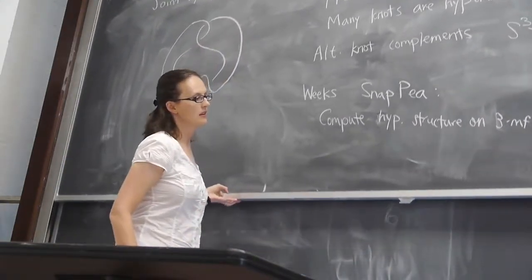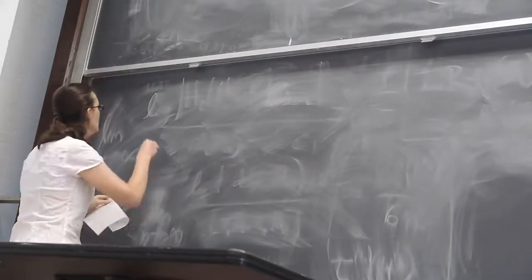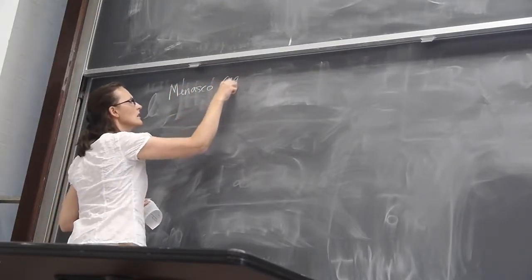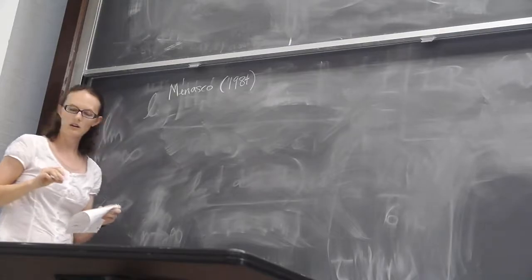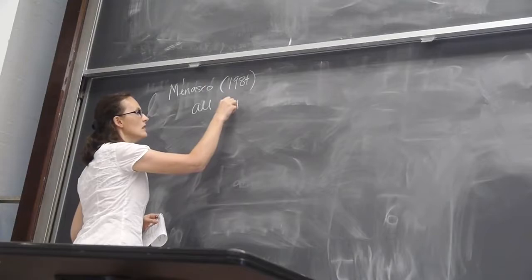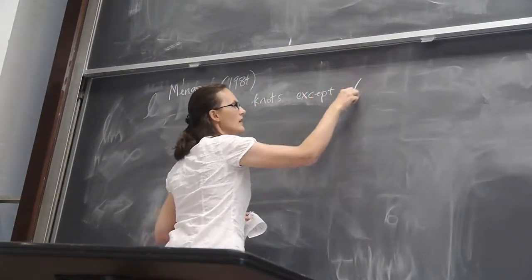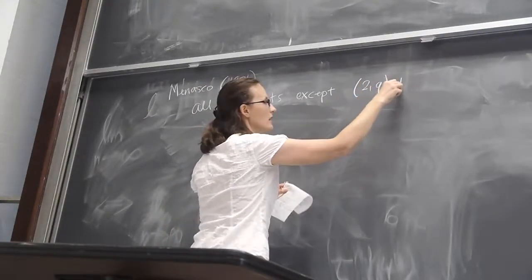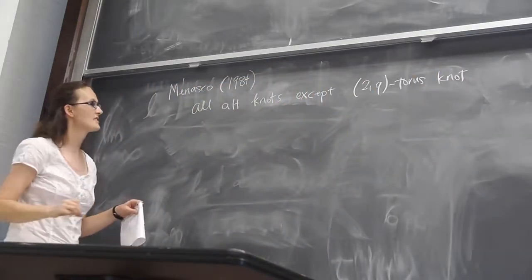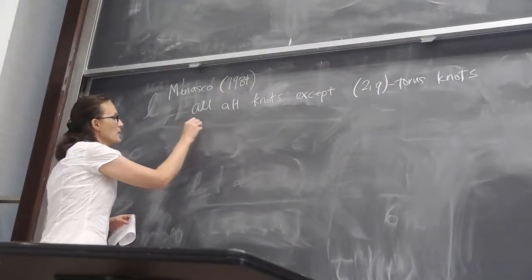Continuing then with some history. In 1984, Menasco was able to show that all alternating knots, except the 2Q torus knots, or 2-Q torus knots, for odd Q, are hyperbolic.